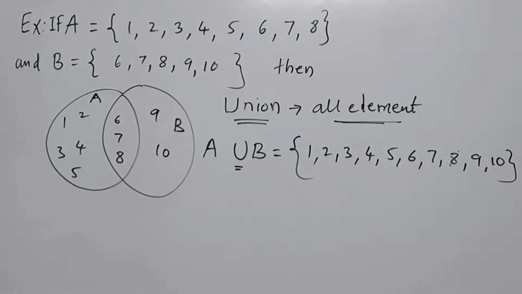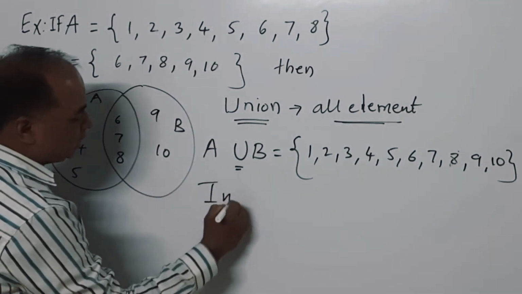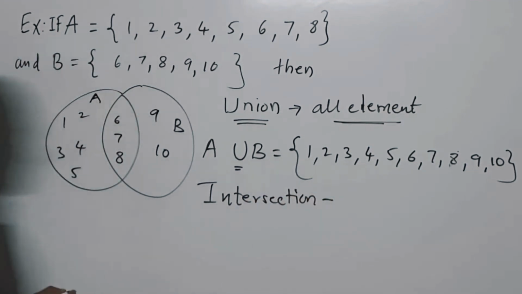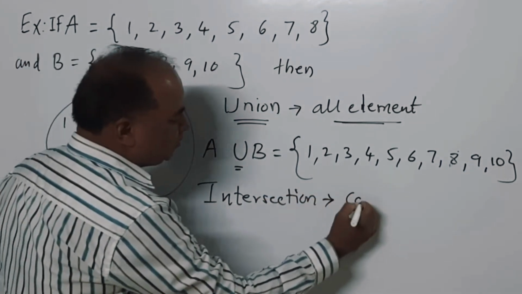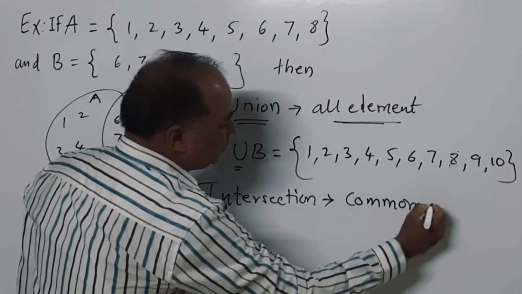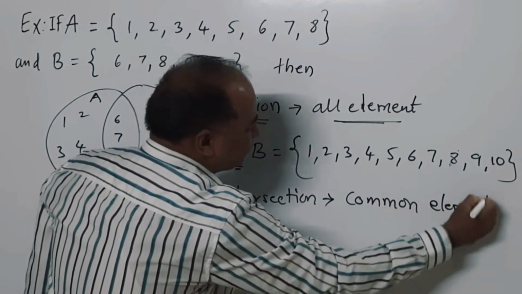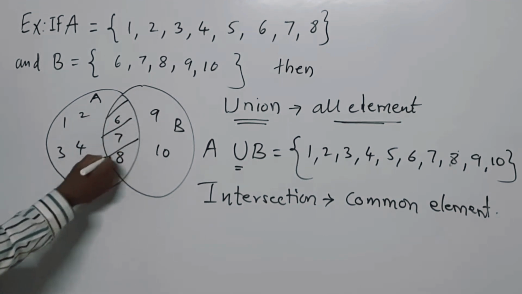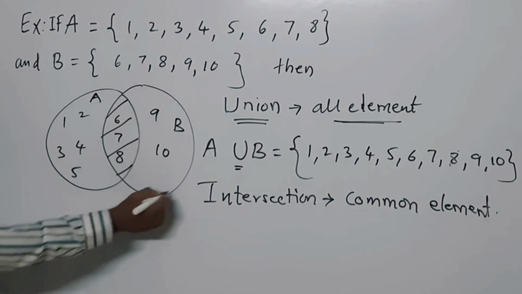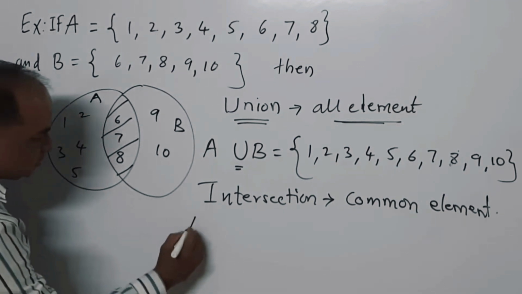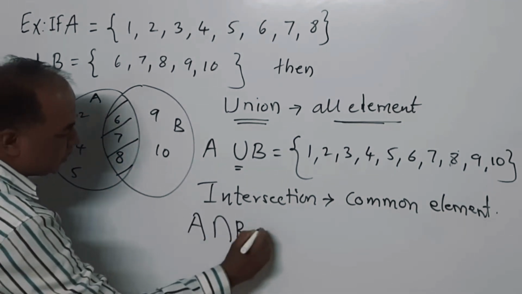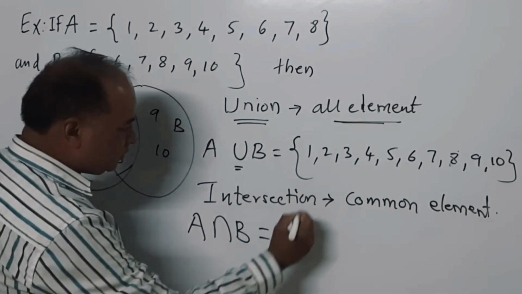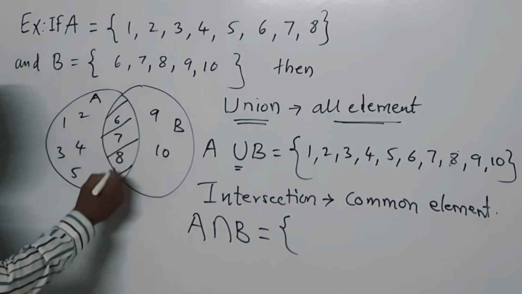Now the intersection. What do you mean by intersection? Intersection of two sets, that is A and B, means the common elements of A and B. The elements which are common will come in the intersection part. So this portion is the common part in set A as well as set B. So A intersection B is equal to the common elements, or you can see that in the Venn diagram.